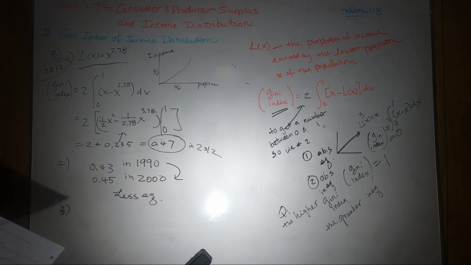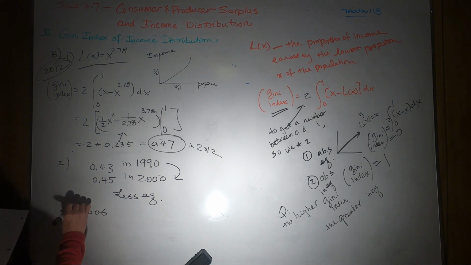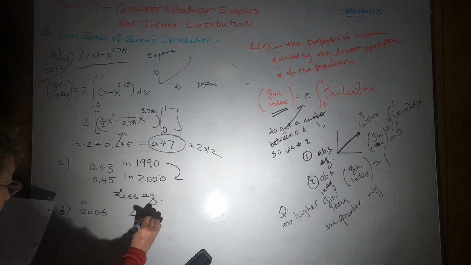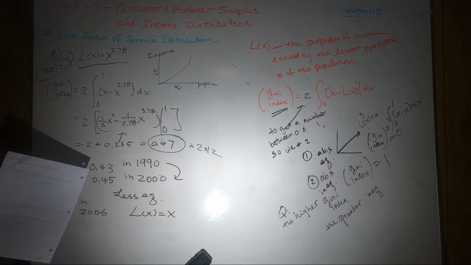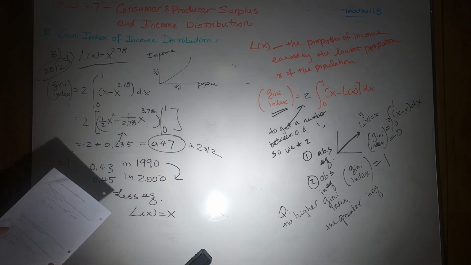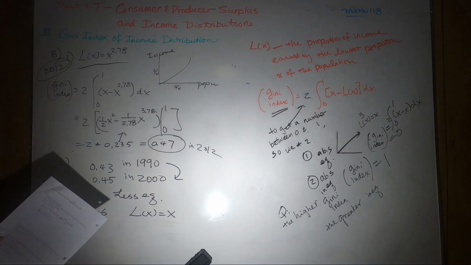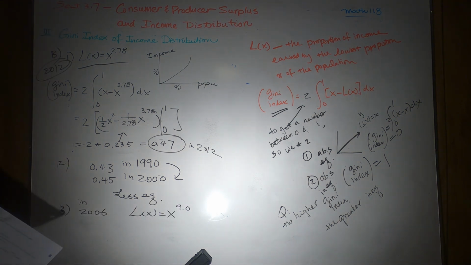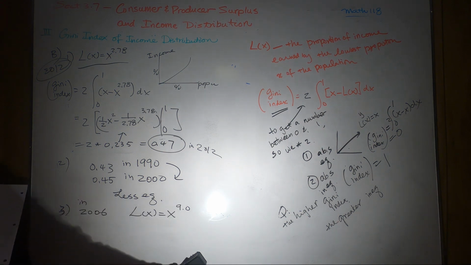The Lorenz curve for the total wealth in the United States in 2006 was approximated like this: x to the 9.0. They ask you to calculate the Gini index. The source is United Nations University. They did a study and realized that's a pretty big power.